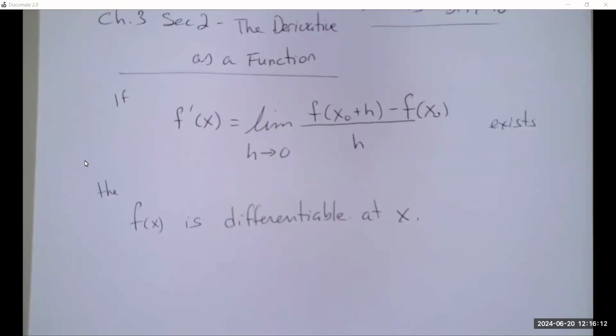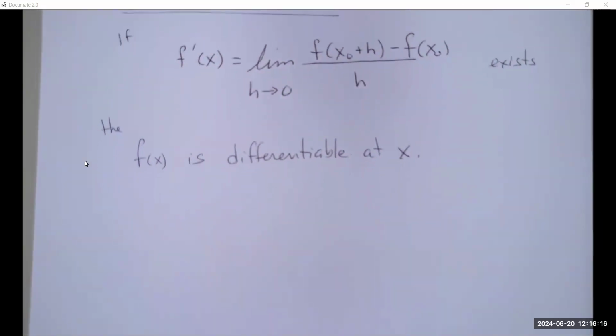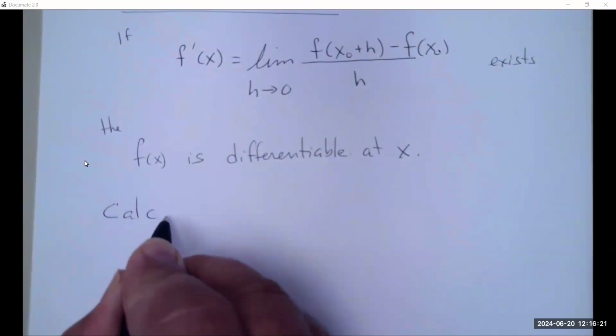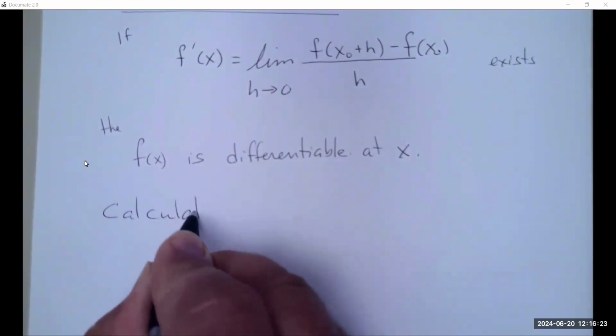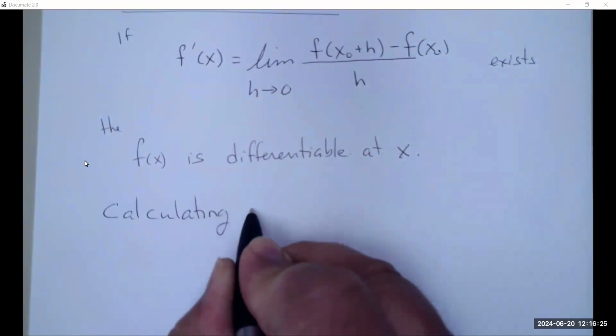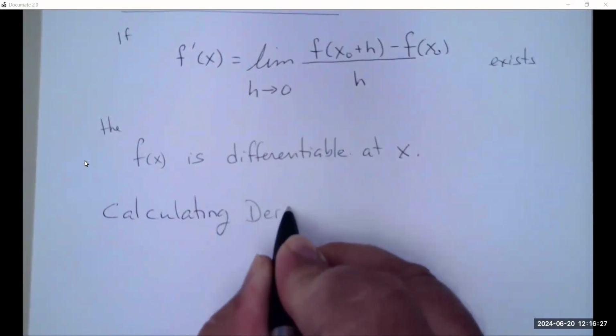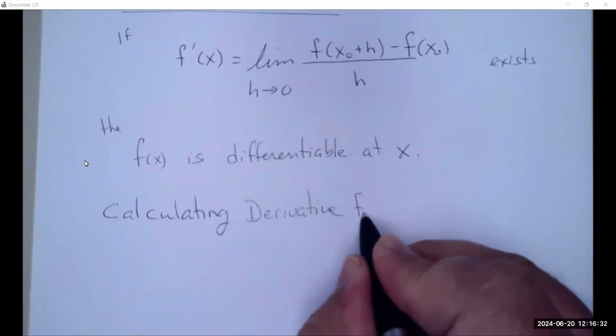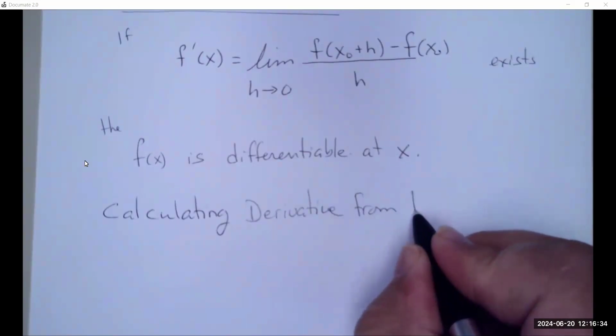So let's look at calculating derivatives from the definition.